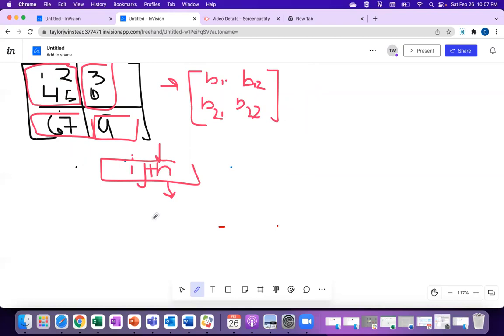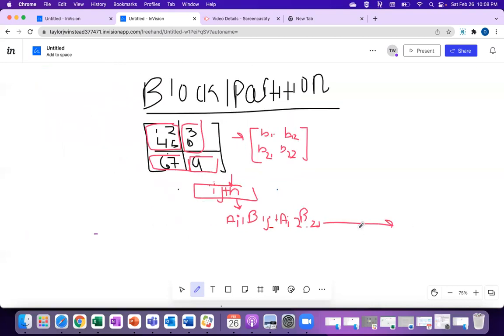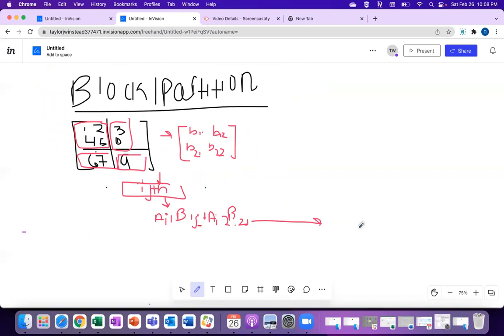So we would have AI1 times B1J plus AI2 times B2J, and so on and so forth. You could also condense this down into another sigma sum.